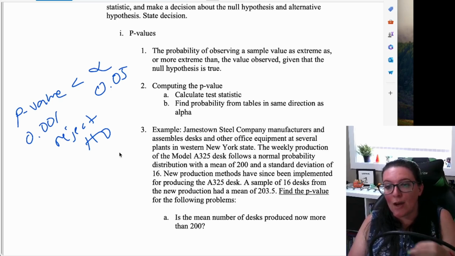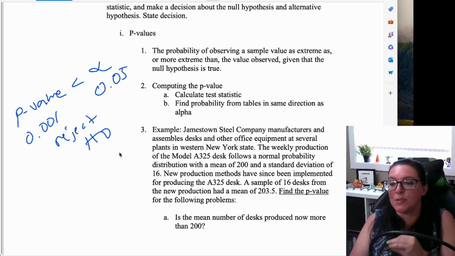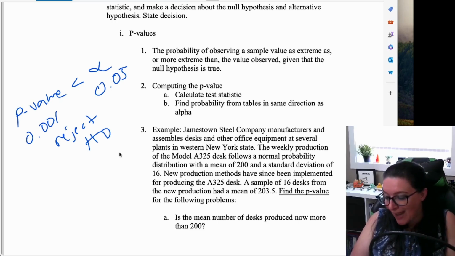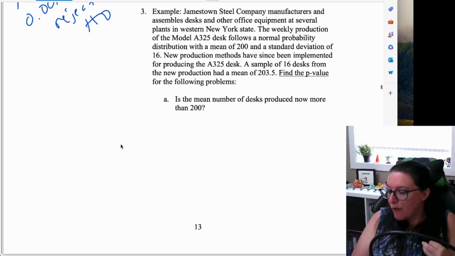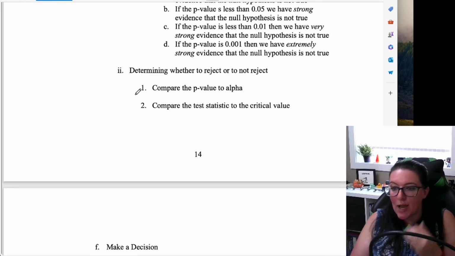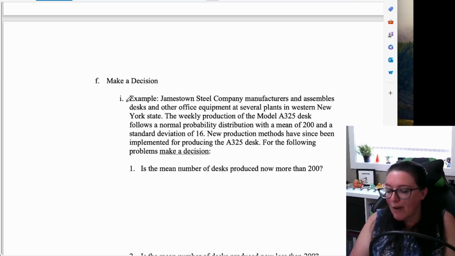From there, we get our critical values that are based on that level of significance, that level of confidence, and then we compare that to the sample data by finding our test statistic, and we can either compare the test statistic and the critical value or the p-value and alpha. And then from there, we'll be able to decide whether to reject or not reject the null hypothesis and then make a final decision.